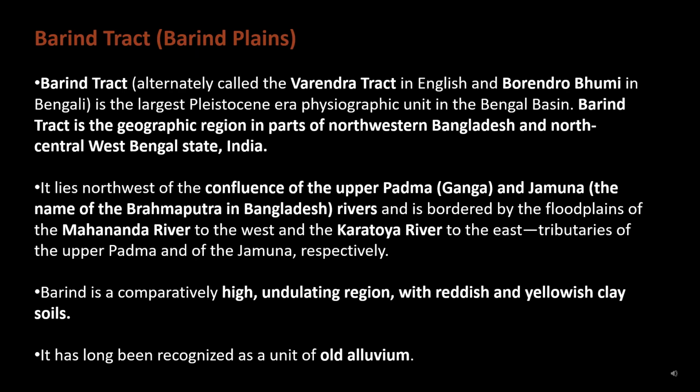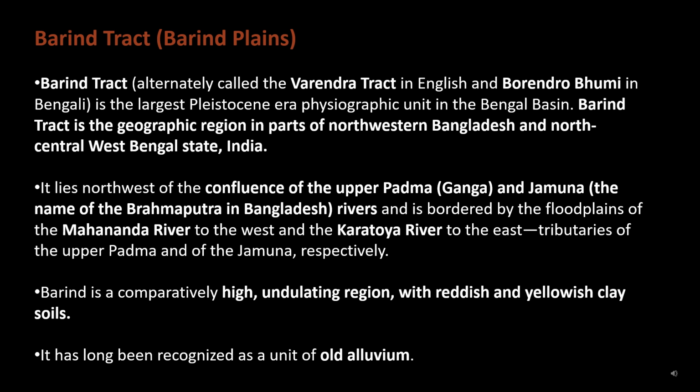Barind Tract, Barind Plains. Barind Tract, alternately called the Varendra Tract in English and Barendra Bhumi in Bengali, is the largest Pleistocene-era physiographic unit in the Bengal Basin. Barind Tract is the geographic region in parts of northwestern Bangladesh and north-central West Bengal state, India.